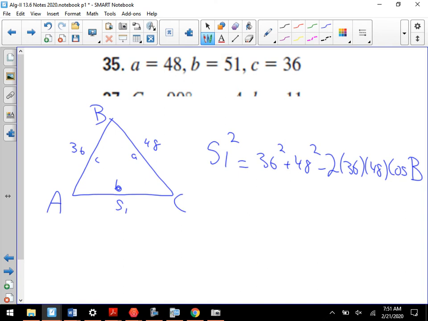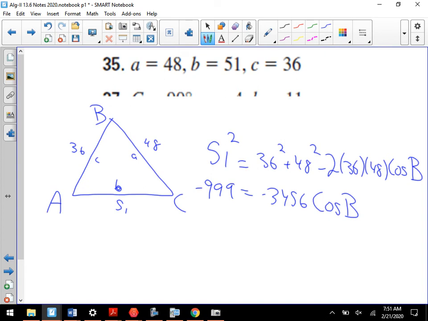On my left-hand side, I get negative 999 equals negative 2 times 36 times 48, negative 3,456, times the cosine of b. What do you have to do? Divide, not inverse it, I can't inverse it yet. So I divide negative 999 by negative 3,456, that's convenient. And I get some decimal. That crummy decimal equals the cosine of b.